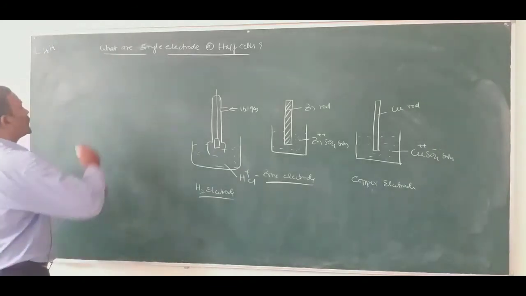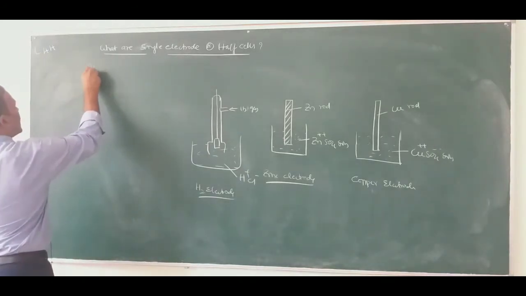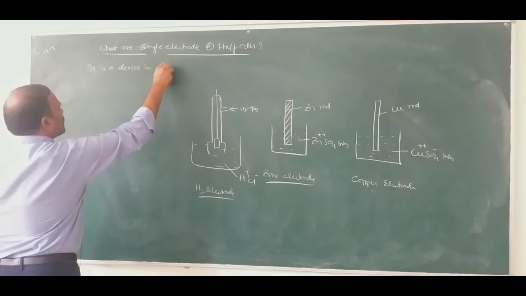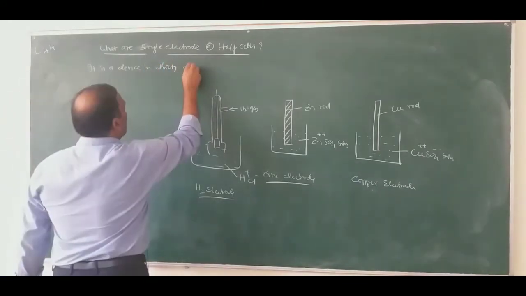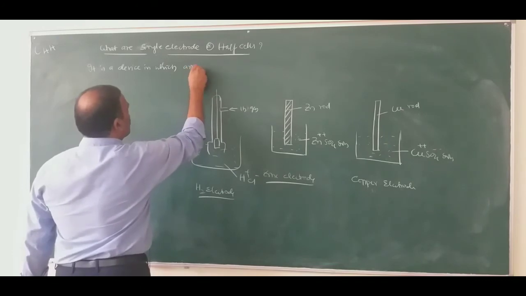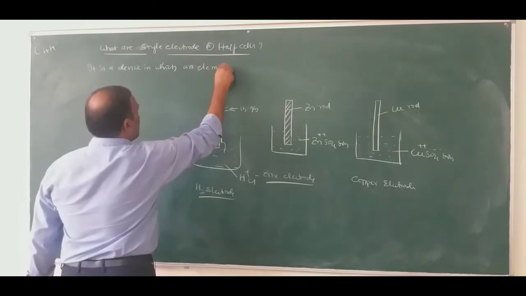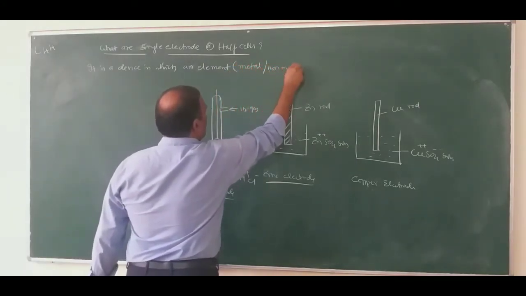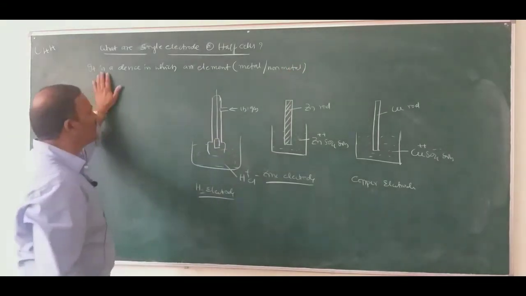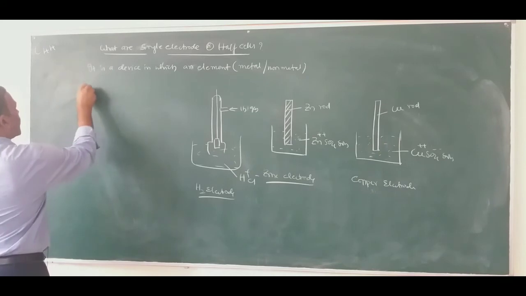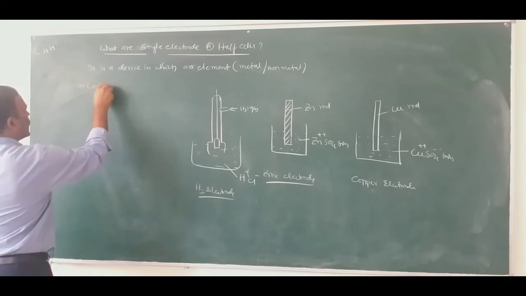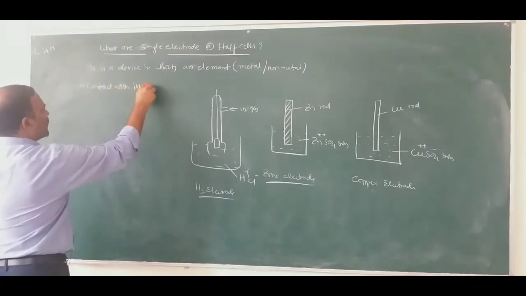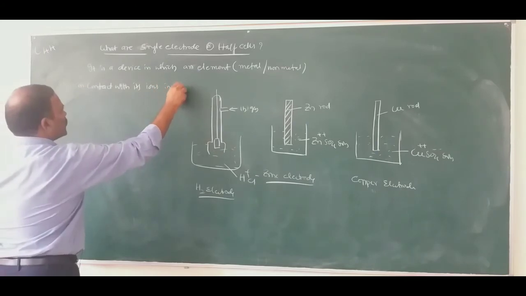So what is an electrode? It is a device in which an element, which may be a metal or non-metal, is in contact with its ions in solution.